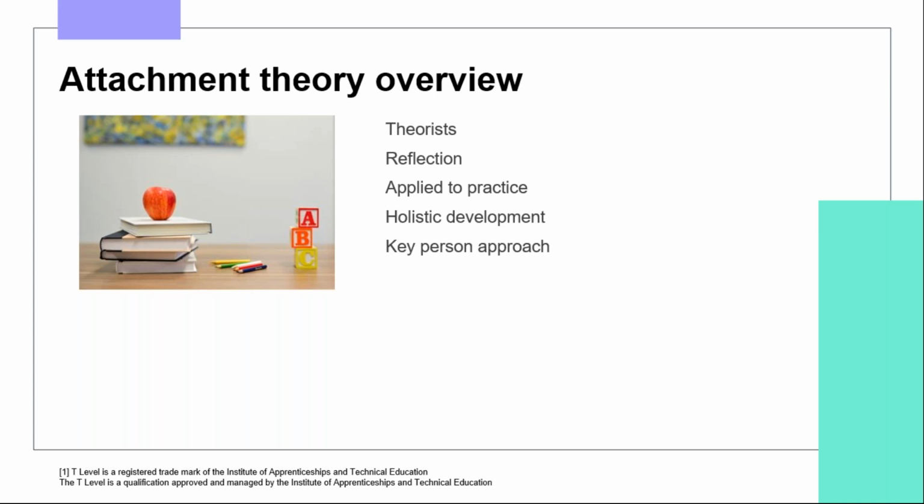By having a good understanding of attachment and appreciation for working with parents as well as for the child's holistic development, the outcomes for the children will be as positive as they can be. Attachment theory will underpin the key person approach in early years settings and ensure that the procedure is aligned with the appropriate policy. The new Early Years Foundation Stage that came in September made no changes to the key person approach. This is still as important as before.